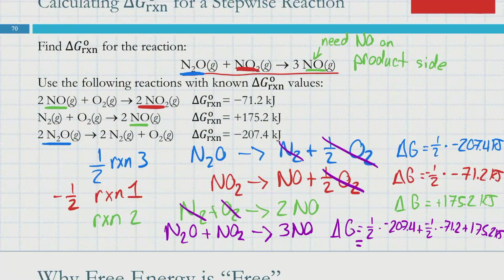It's a little messy because I waited until the end to do all the calculations. The standard delta G of the reaction is 107.1 kilojoules.